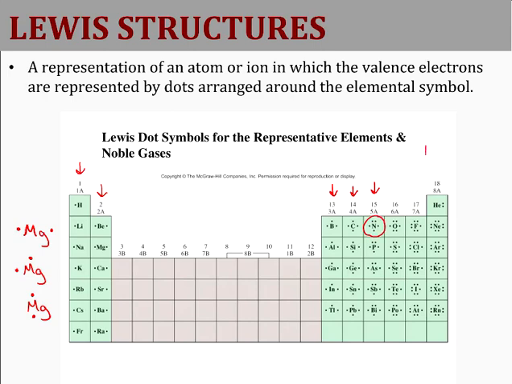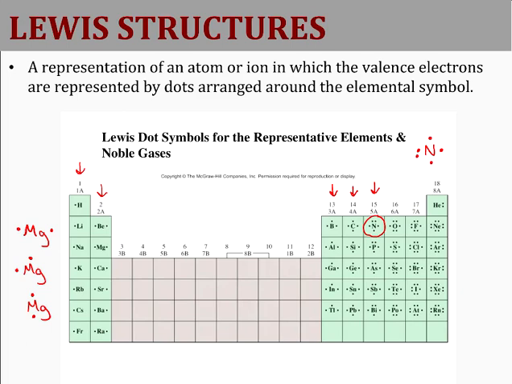We write the symbol, count 1, 2, 3, 4, and then the 5th electron can pair up with any of those other electrons. Maybe we pair them on the side, or on the right side or the bottom, just as long as we have one pair of electrons.